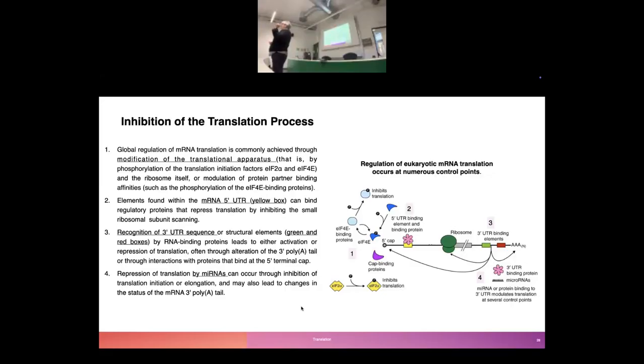require the 5' cap to be free. The interaction of the small subunit will be directly with the mRNA without sliding from the 5 prime.